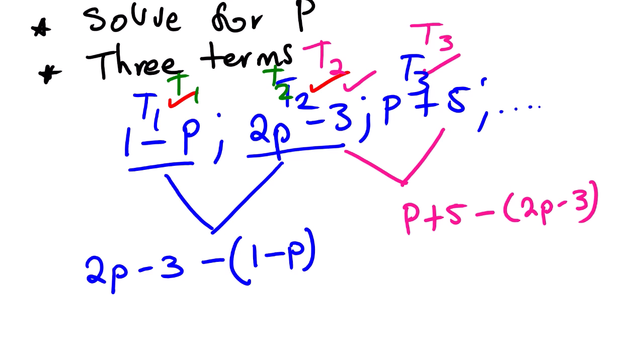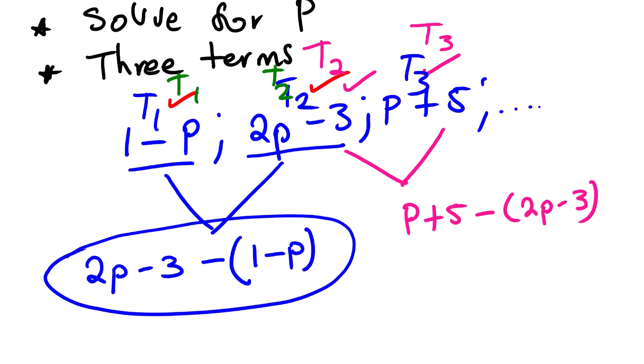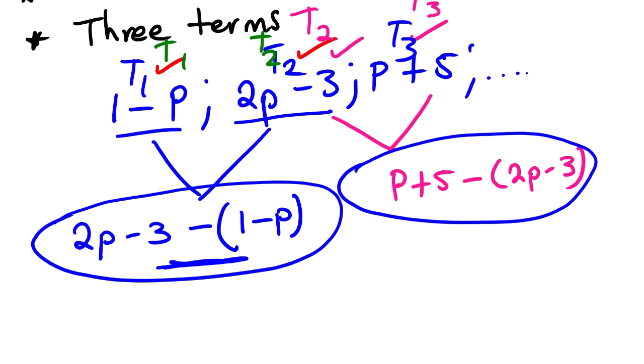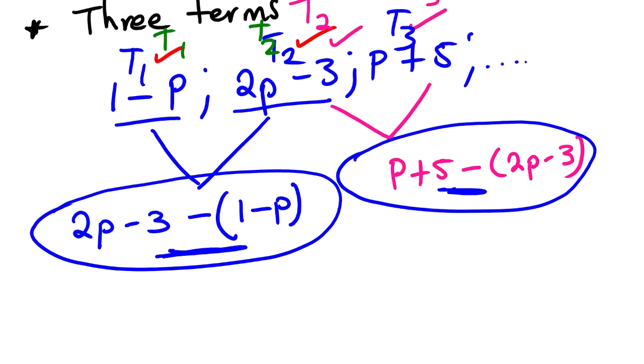For us to say this difference is common, it simply means that whatever number we get here will be the same. This number is equal to this one.